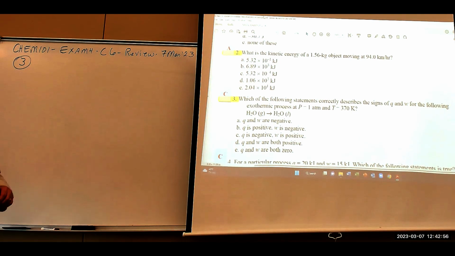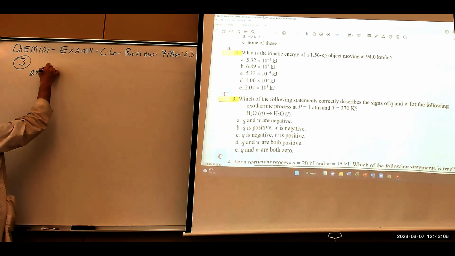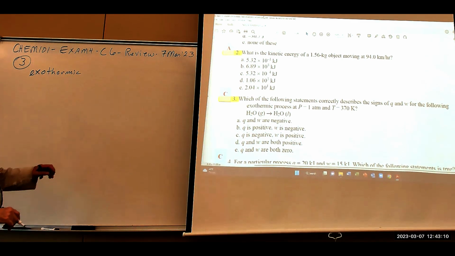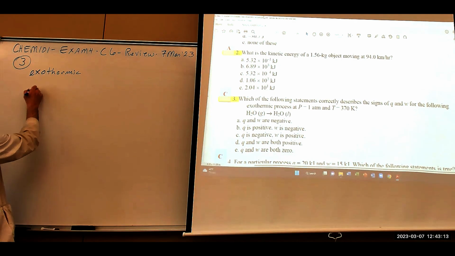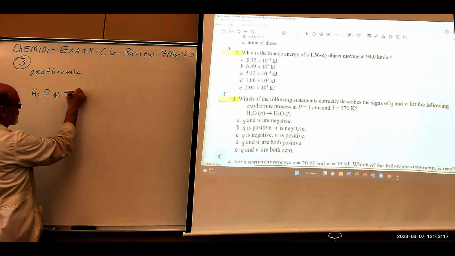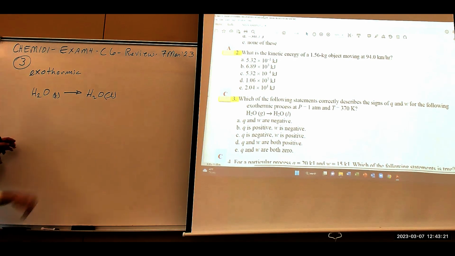Which of the following statements correctly describes the signs of Q and W for the following exothermic process? Okay, so we know it's exothermic. Let me just write it up here. We could probably figure this one out. If we go from gas to liquid, it has to be exothermic.